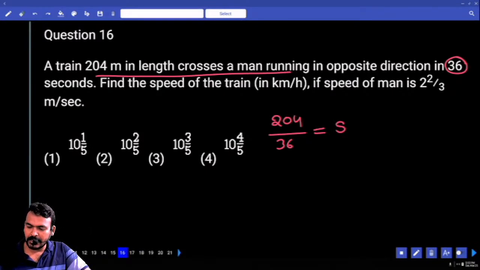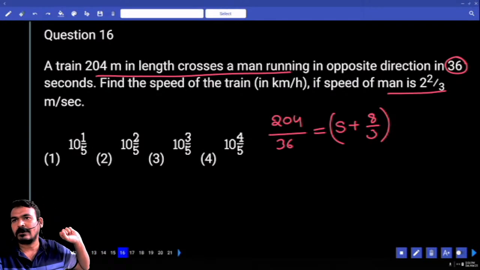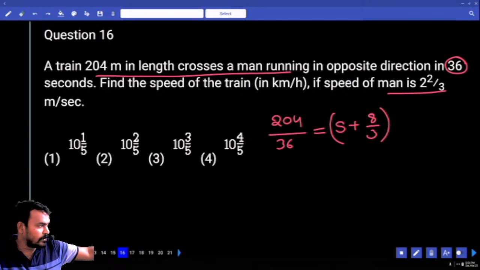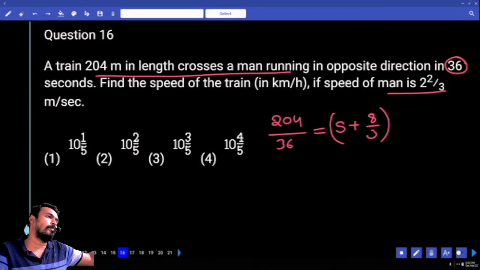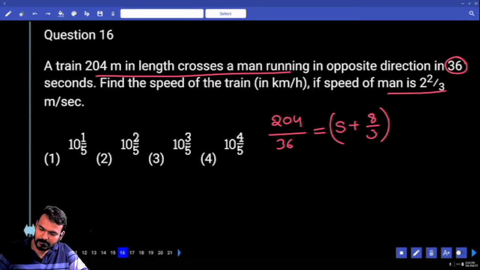Suppose the speed of the train is S meter per second and the speed of the man is 2/3. It is considered 8/3. So 204 by 36 meter per second equals S plus 2/3 meter per second. Both are in the same units. Simplify that and we get the S value in meter per second. But we require kilometer per hour. First, 36 and 204: 6 how many times in the denominator? 6 times.